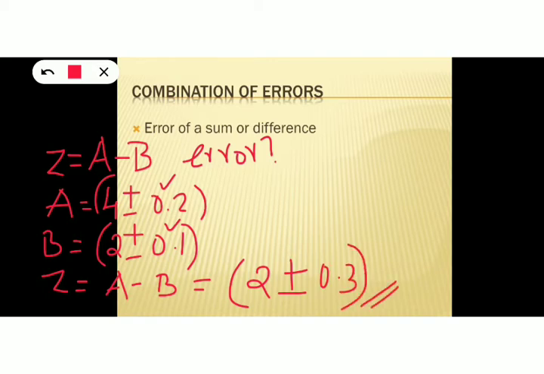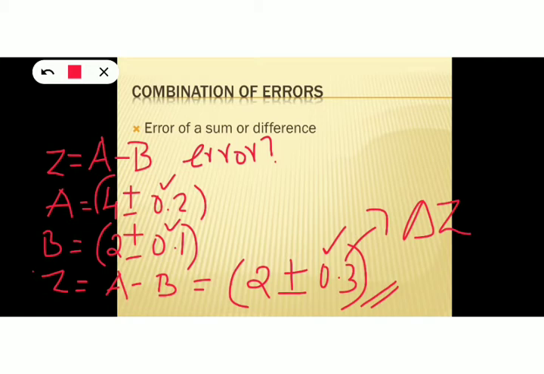So this is the rule. Even if it is an addition or subtraction process, you must add the absolute error part. Then only you will get the error in that difference. So here 0.3 is the error in Z, denoted by delta Z. Delta Z is the error in the value Z.